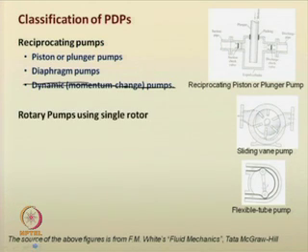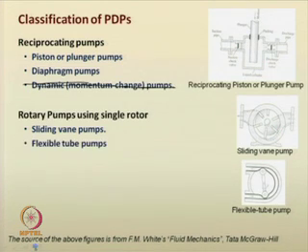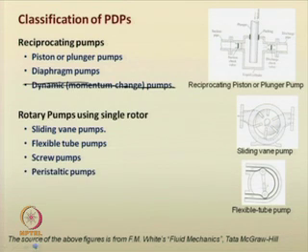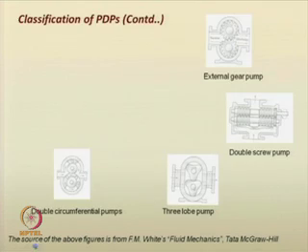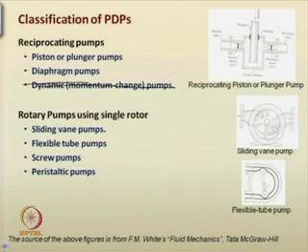Then you can have another classification for positive displacement pumps: rotary pumps or single rotor pumps. In rotary pumps, you may see examples like sliding vane pumps, flexible tube pumps, screw pumps, peristaltic pumps. Just see the figures.